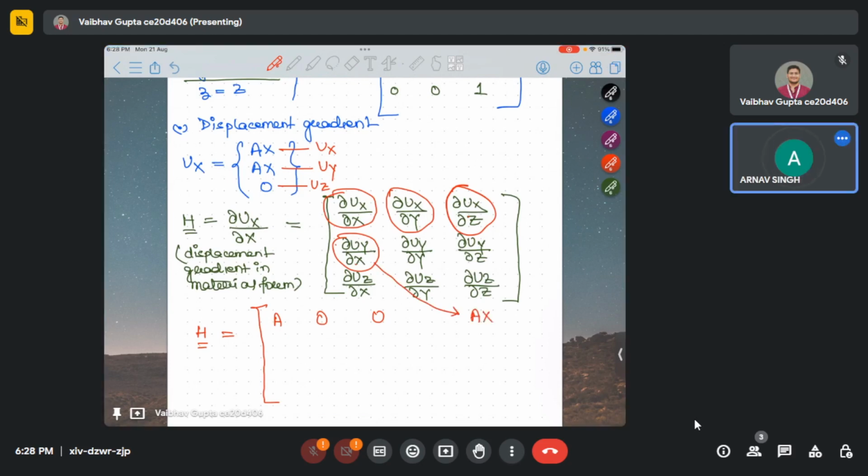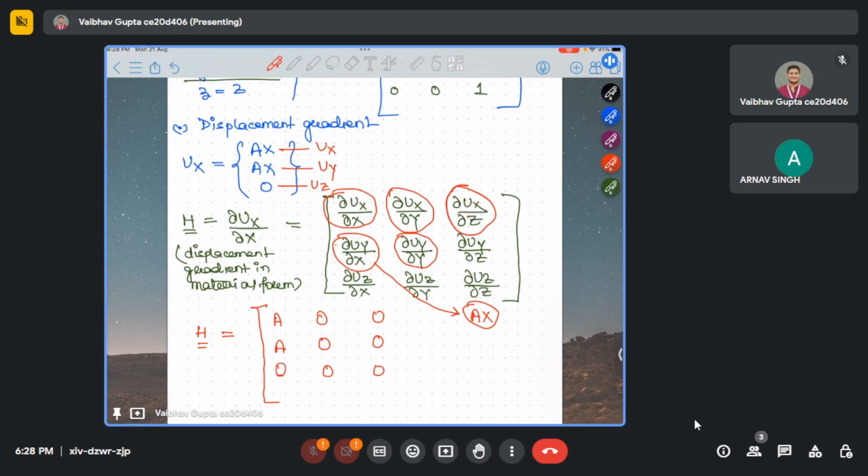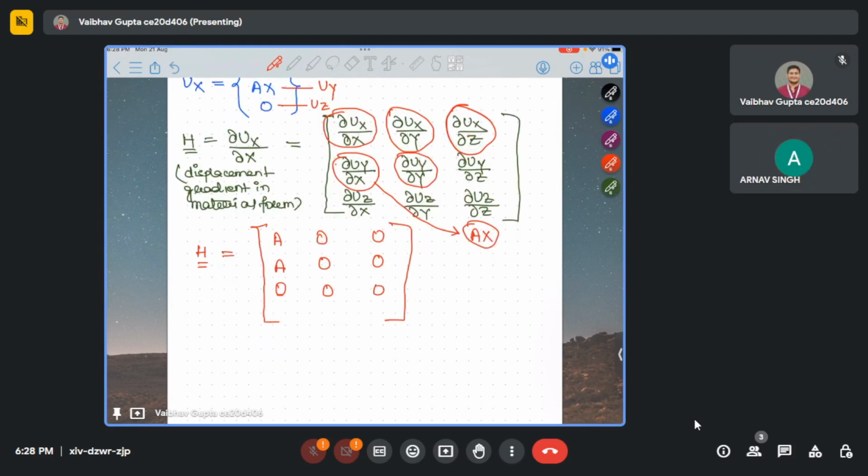AX. So you have to differentiate X here. What will be the answer you will get? A. Here, the derivative of UY is 0. Good. This term is 0, 0, 0. Okay, so this is capital H, displacement gradient in material form.